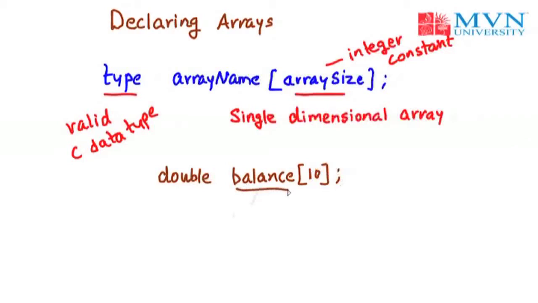Now balance is a variable array which is sufficient to hold up to 10 double numbers. After declaring this statement, 10 contiguous memory locations are reserved for the balance variable in the memory, which is of double type. So this is how we declare an array in the C program.